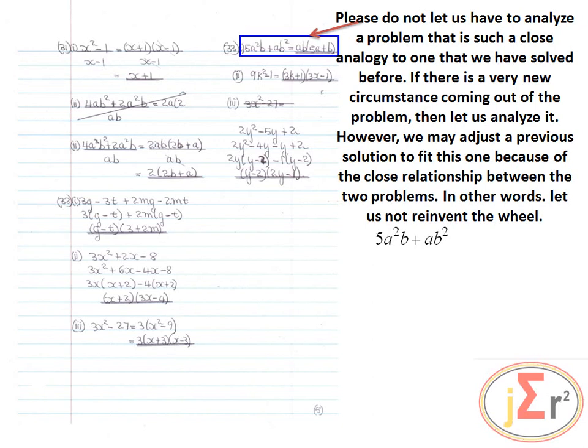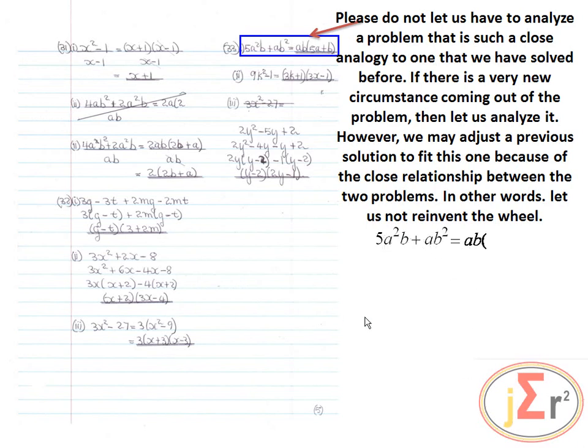So we will just make use of the highest common factor, and of course there's a great resemblance between the way that we have the terms that are in the expression.